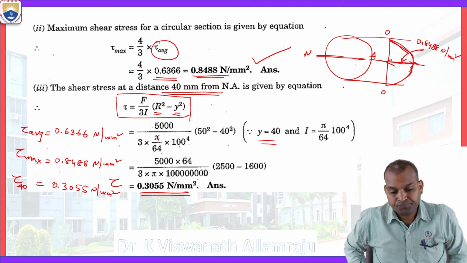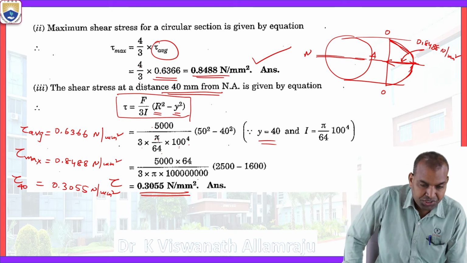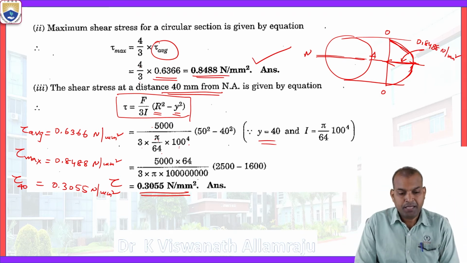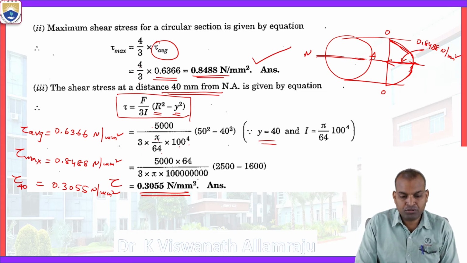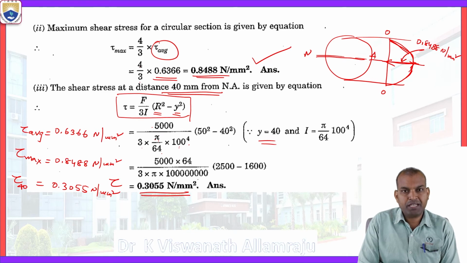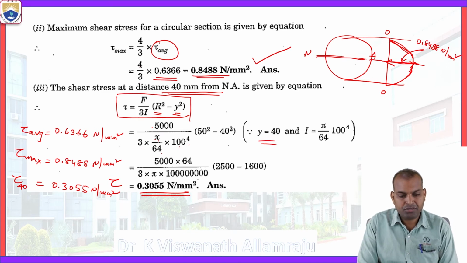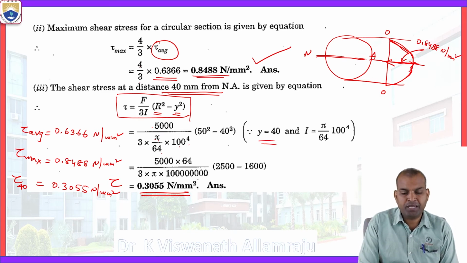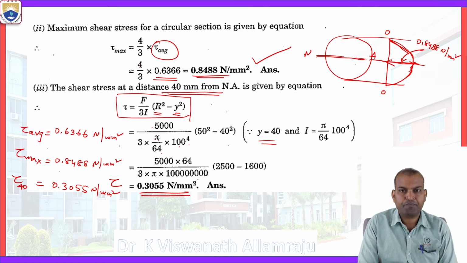One thing is that wherever we consider the shear stress, the distance should be within the radius. Substitute 10 millimeters, 20 millimeters, 30 millimeters, 40 millimeters.